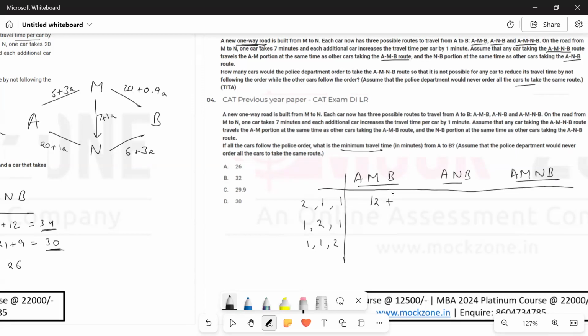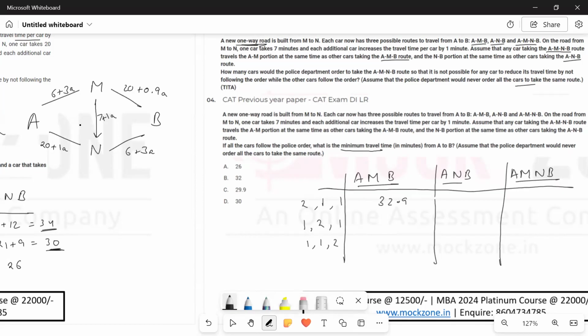Plus M to B, only two cars will go, not the third one, because the third one will go to N. Then M to B will take 20.9 minutes. Okay? Which is total how much? 12 plus 20.9, let's say 32.9 total.